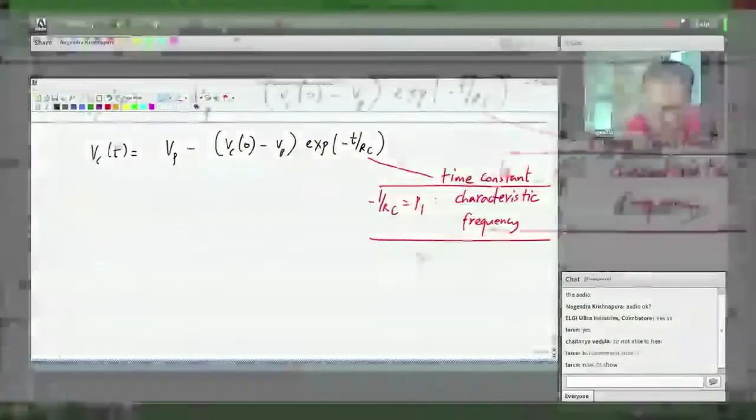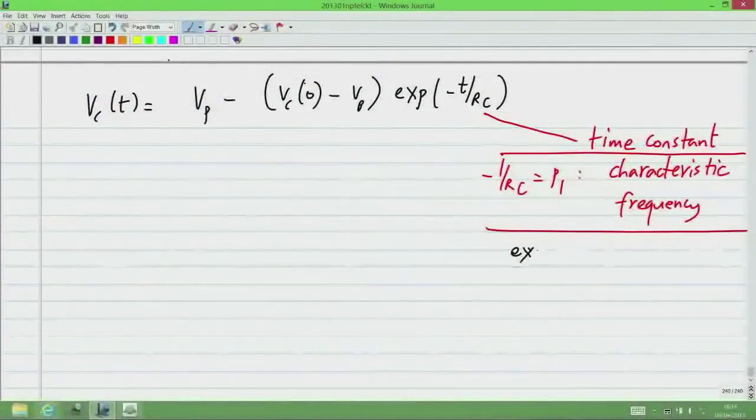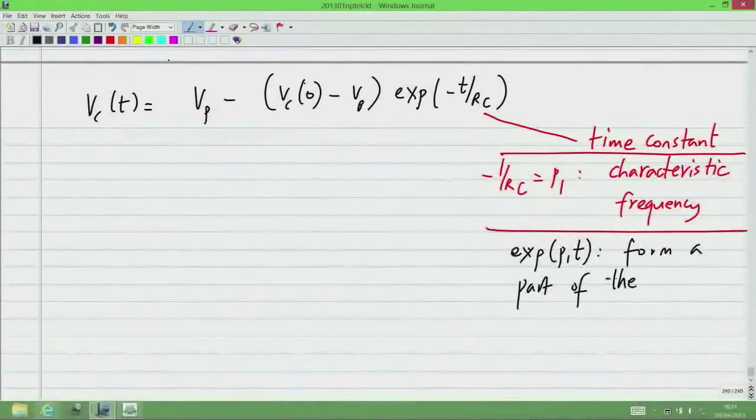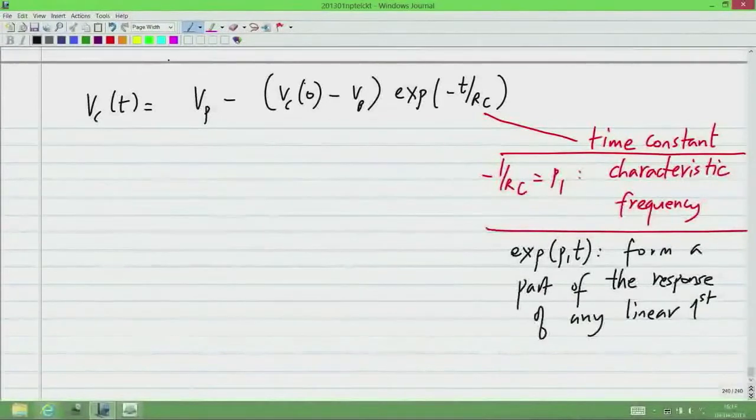So exponential P1t will form a part of the response of any linear first order system. Okay. In fact, all linear systems have this behavior.